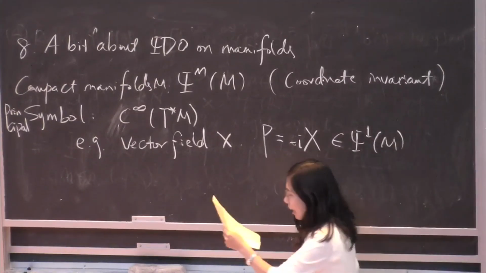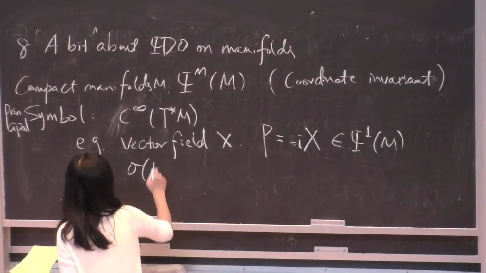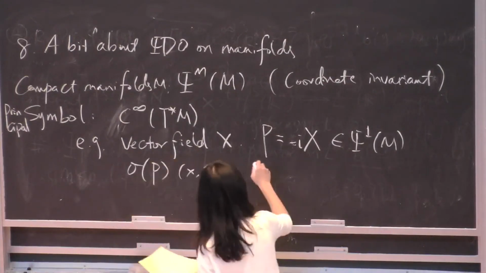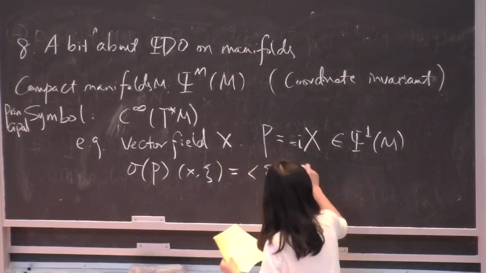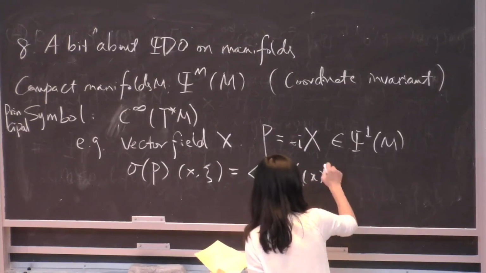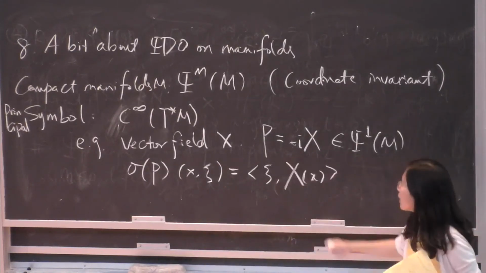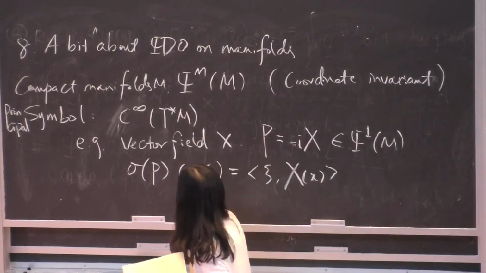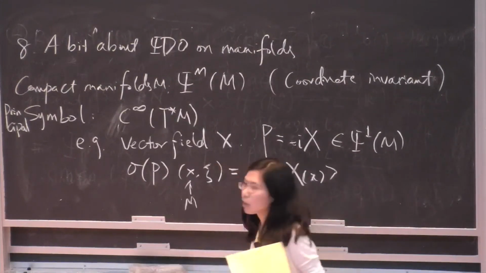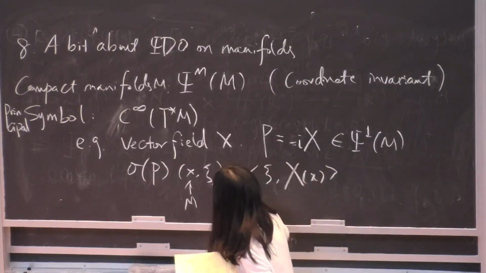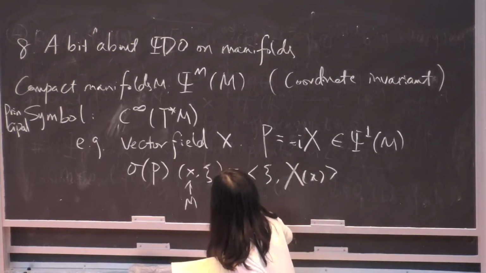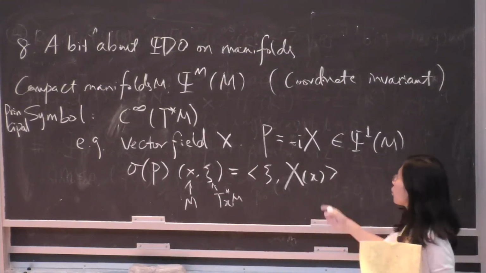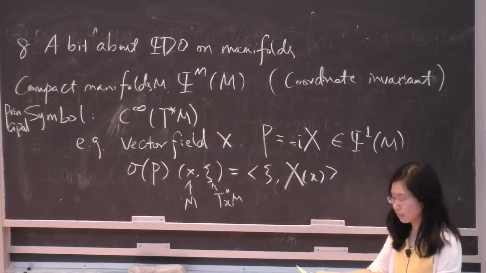And then the principal symbol of this operator is given by psi paired with the vector field at that point. So here x is a variable on M, and this psi is a variable on T_x star M. All right, so that's how it works. And locally, you can check that this is invariant.